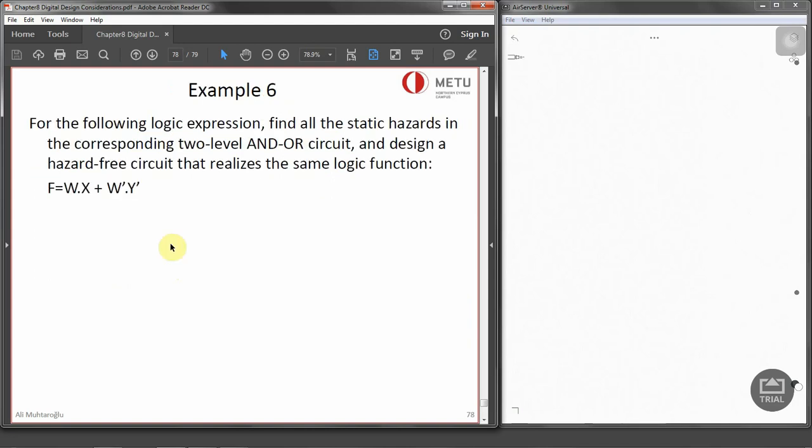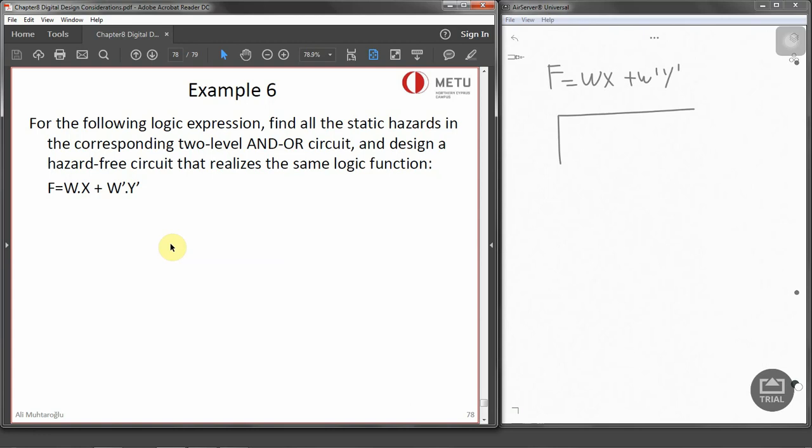Finally, the last example: for the following logic expression, find all the static hazards in the corresponding two-level AND/OR circuit and design a hazard-free circuit that realizes the same logic function. If we do that, f is going to be wx plus w prime y prime.